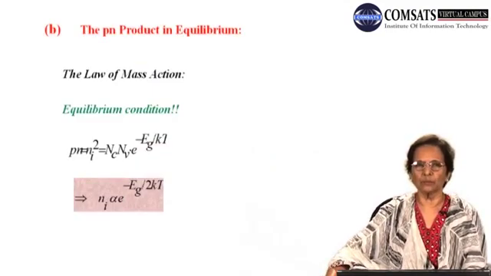Now, the same repetition of the important assumption that we made, that the carrier concentrations are subject to an important equilibrium condition, which is also known as the law of mass action, and that is p dot n is equal to ni square.